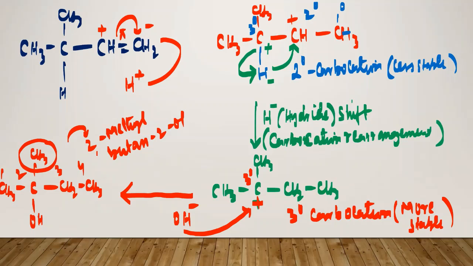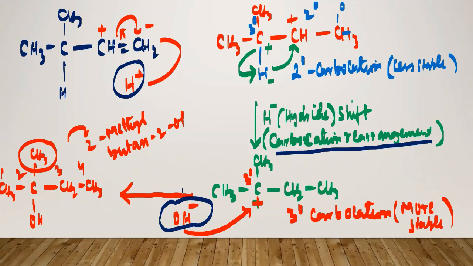So in this entire process, you have learned certain things, my dear friends. Let me summarize. In first case, you have added H plus. In second case, you have done carbocation rearrangement. And in third case, you have added OH minus. So you have not followed the Markovnikov's rule here. You have followed the sequence H plus, carbocation rearrangement, and OH minus finally.